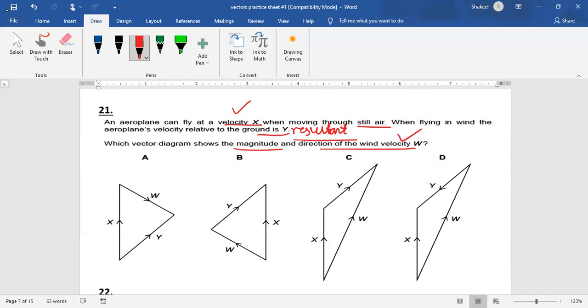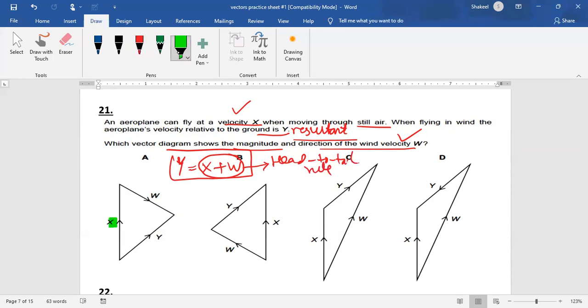So y is the resultant, and y equals x plus w, because x and w are action vectors. These two should be arranged in head to tail rule. Now look in the diagrams for x and w arranged head to tail.